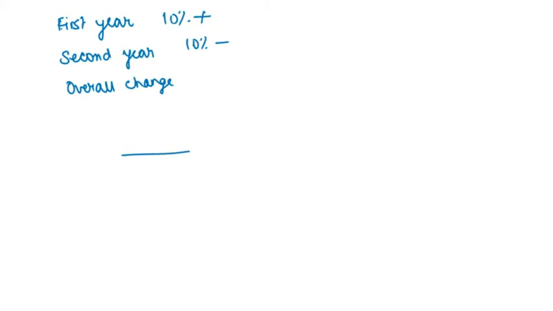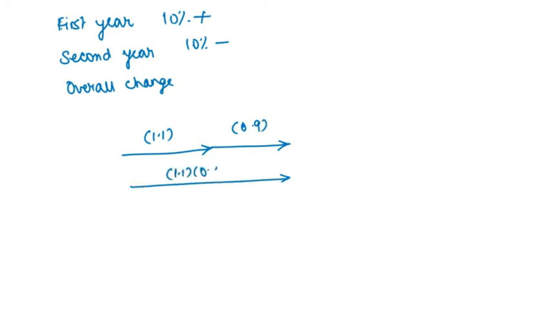First year it increases by 10%, so multiplying factor is 1.1. Second year it reduces by 10%, multiplying factor is 0.9. So overall is 1.1 into 0.9, that is equal to 0.99. What does 0.99 mean? It means it reduces by 1%. Type in yes if you have understood this.